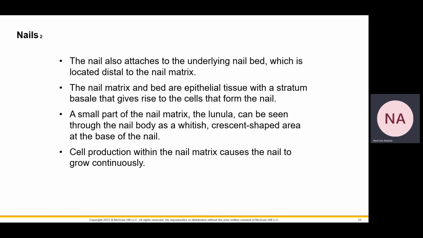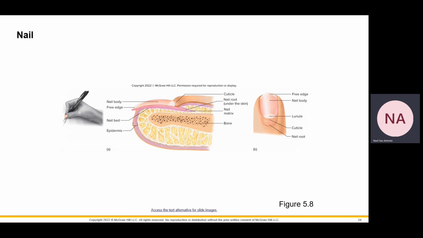So let us now go to the next accessory structure of our skin, which is our nails. So just like the appearance of the skin, the appearance of the nails can also be used as an effective diagnostic tool. Ibig sabihin, pwedeng tingnan din niya ng mga doctors.